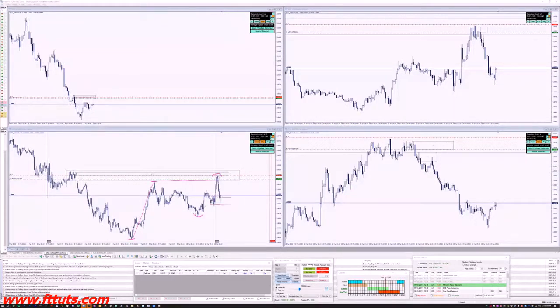Definitely, that's a decisional area, or a proximal, and then you have your distal, which is further away, your extreme zones here, which is another 15 minutes. So we'll play with that. Let's see if we can maybe snag a long. We are getting late in the session, but again, we can be pretty liberal about putting on positions. It's not a big deal.